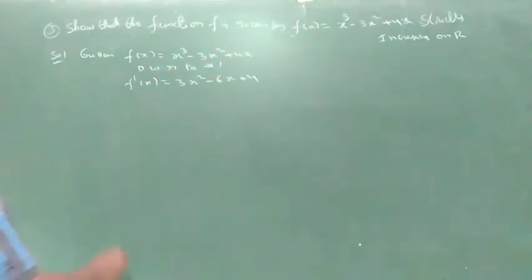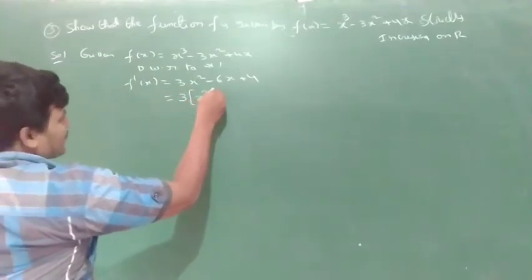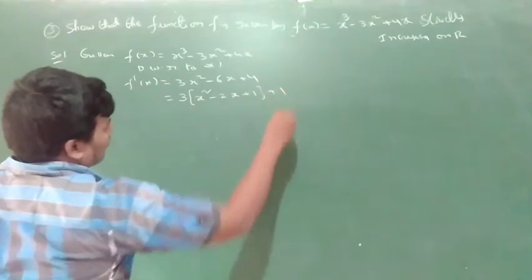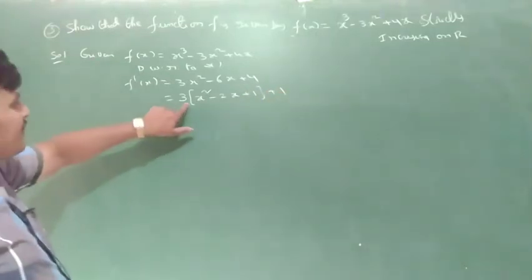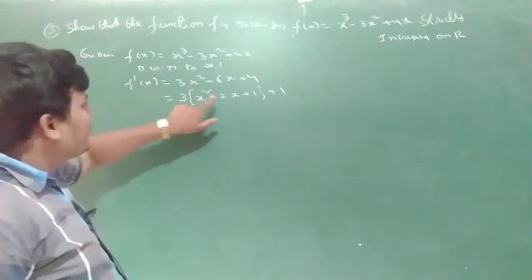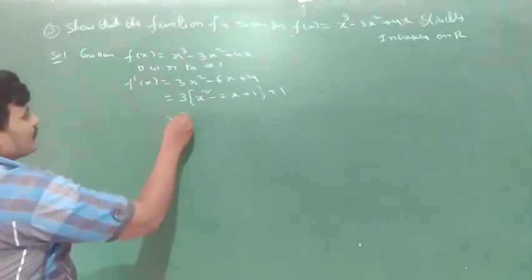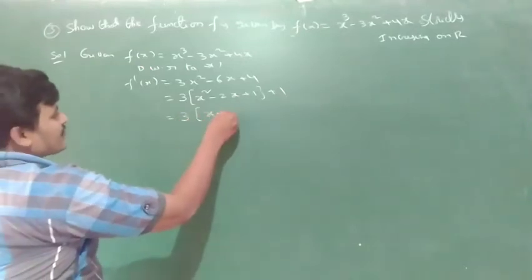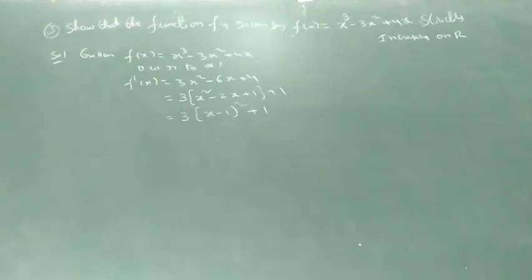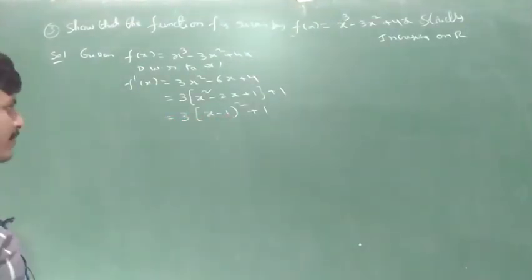So that is equal to 3 into x square minus 2x plus 1, plus 1. Applying 3 into x square is 3x square, 3 into minus 2x is minus 6x, 3 into 1 is 3, plus 1 is 4. So this is equal to 3 into x minus 1 whole square plus 1, using a square plus b square minus 2ab.